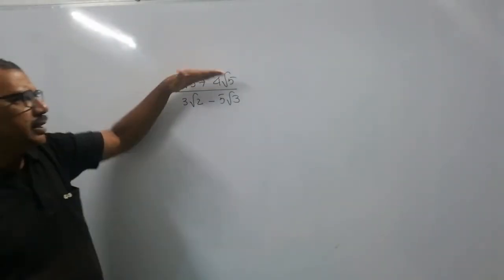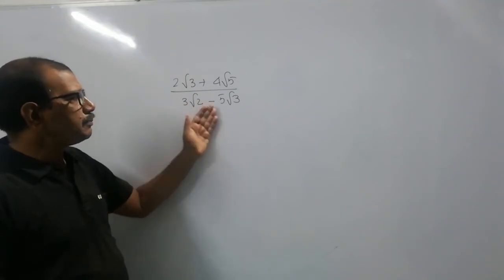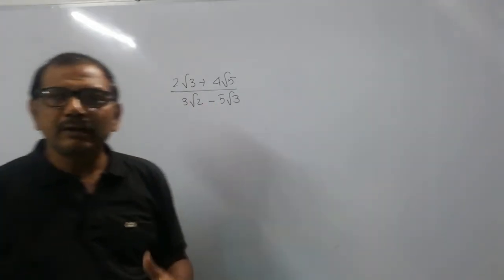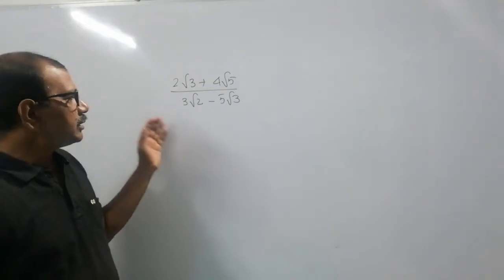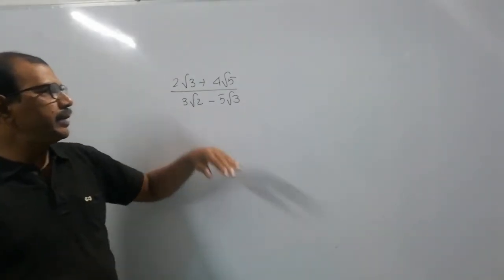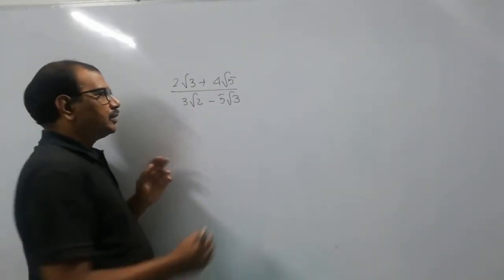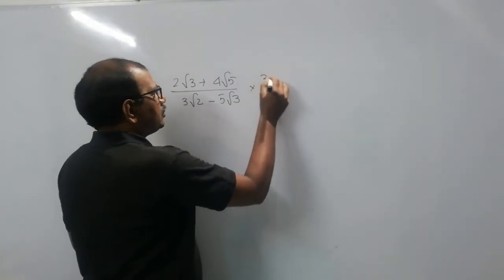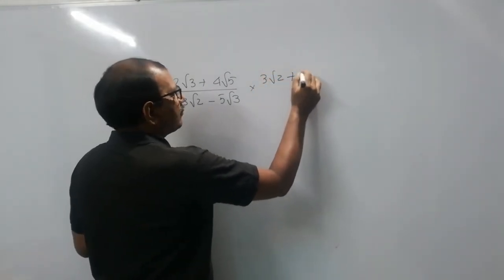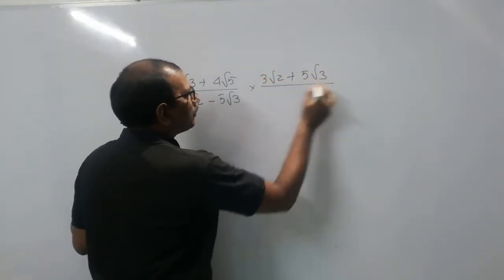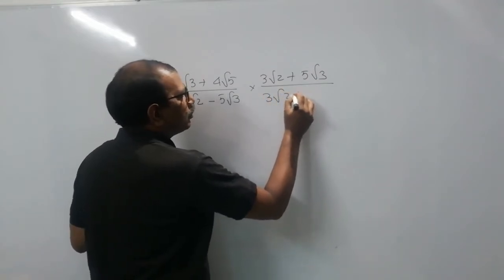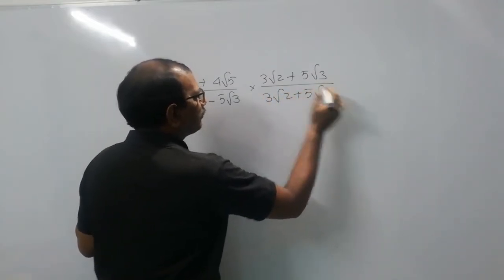The denominator is in the form of a minus b. तो इसका conjugate will be a plus b. So we'll write a statement multiplying the numerator and denominator by the conjugate, that is 3 root 2 plus 5 root 3 upon 3 root 2 plus 5 root 3.